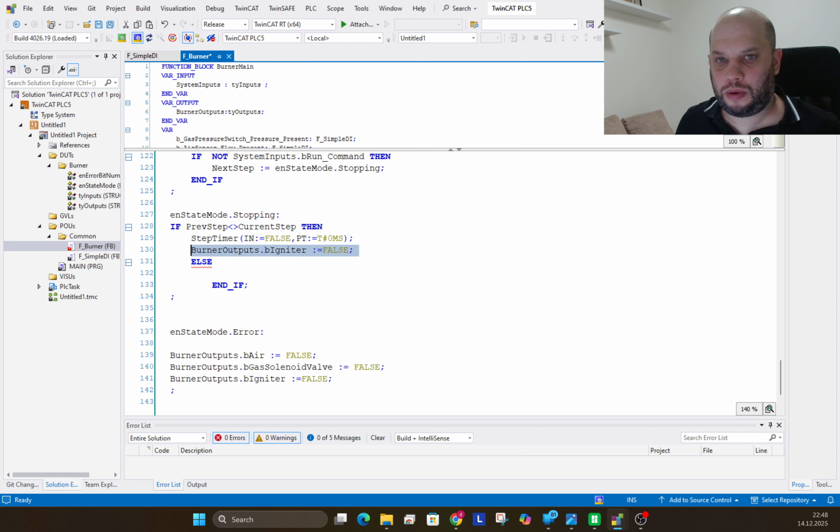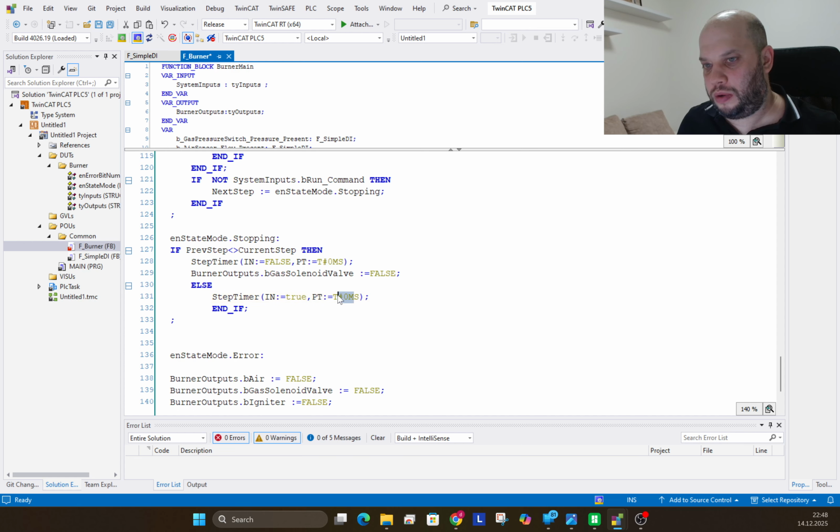So I want to close the gas valve. Activate the timer for 10 seconds.